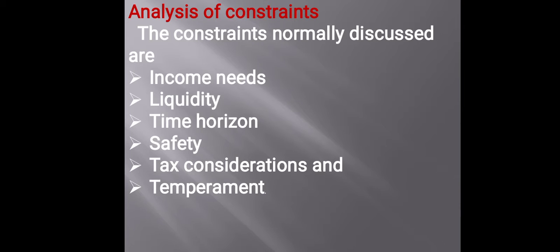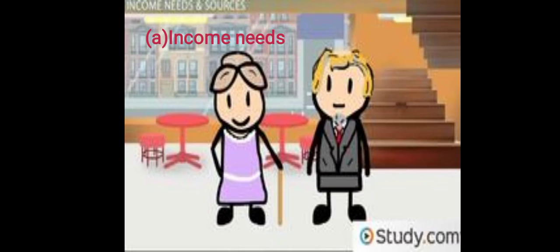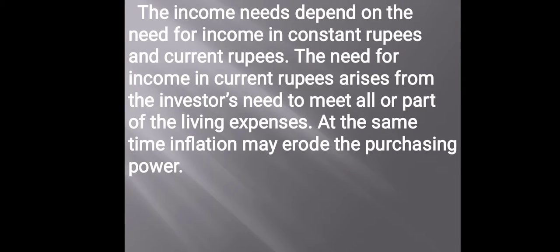Analysis of constraints. The constraints normally discussed are income needs, liquidity, time horizon, safety, tax considerations, and the temperament. First constraint is income needs. The income needs depend upon the need for income in constant rupees and current rupees.